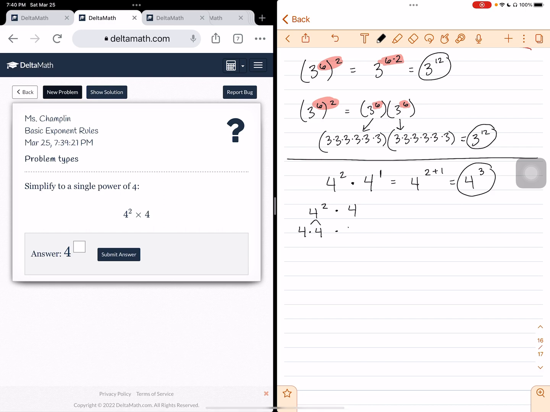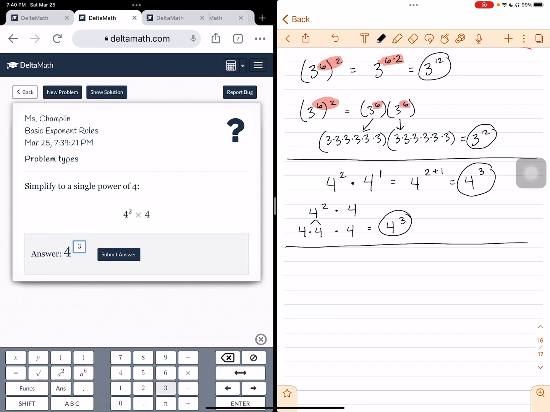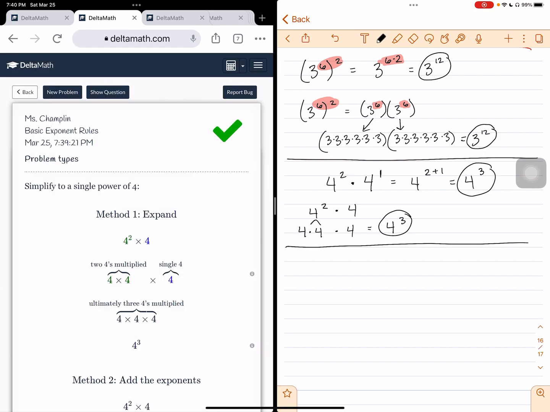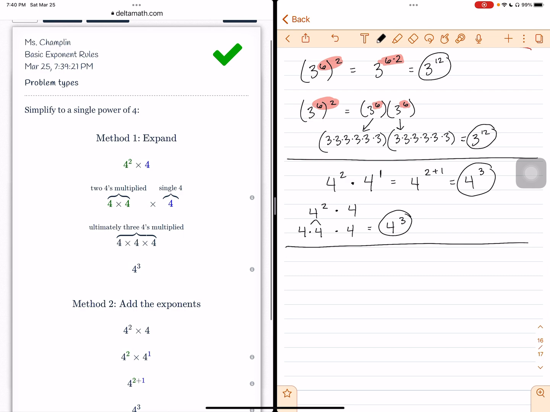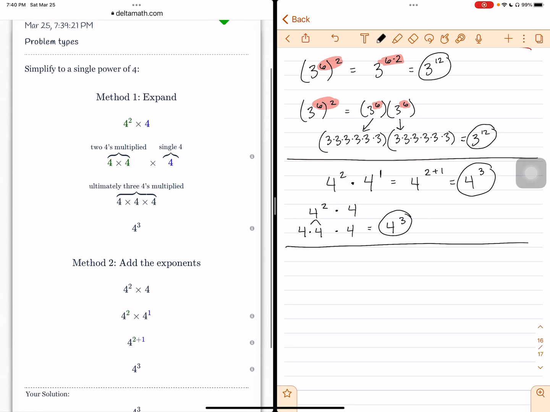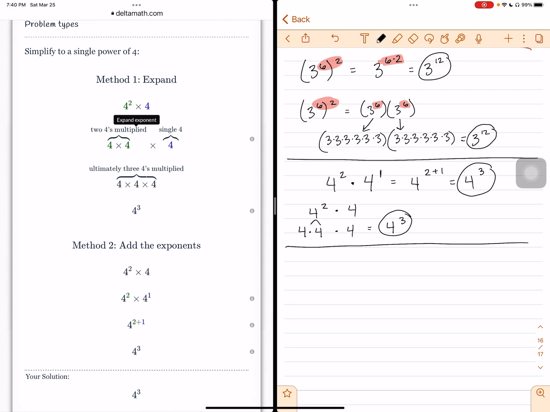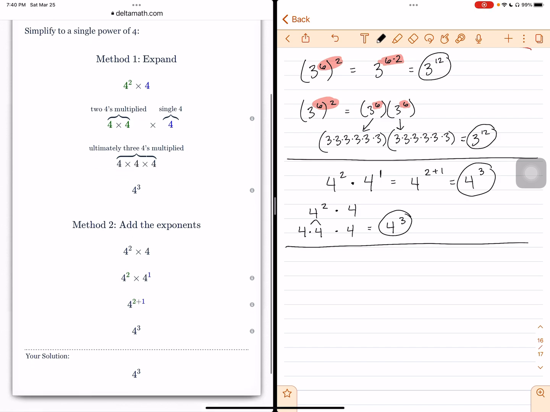And then times this 4 that was here, that's 4 to the 3rd power, right? So adding the exponents is the exact same thing as expanding it. And again, here they show you the expansion. And I love their explanation, okay? Everything is there for you.